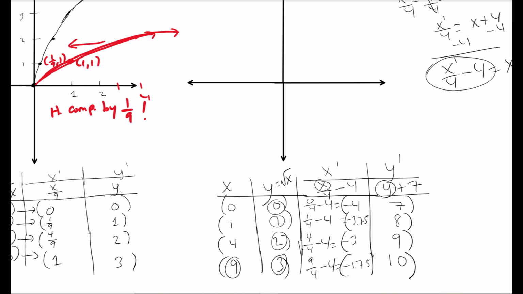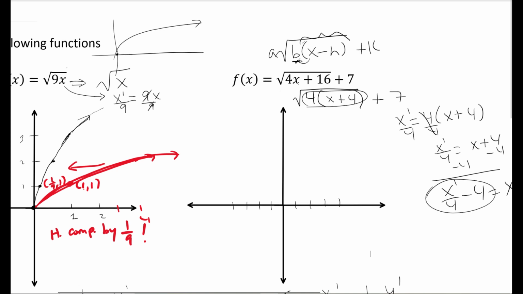So when x is negative 4, y is 7. So let's see here. We got negative 1, 2, 3, 4. And then we have y all the way to 10.